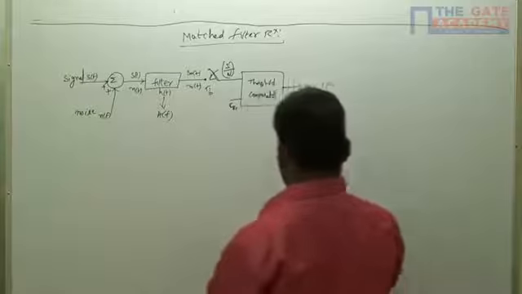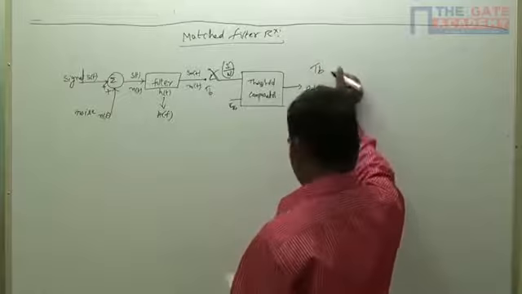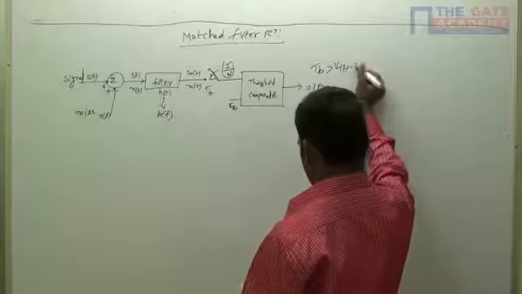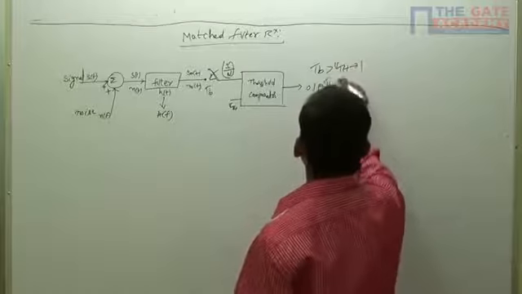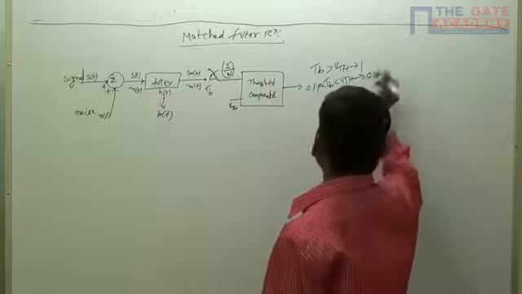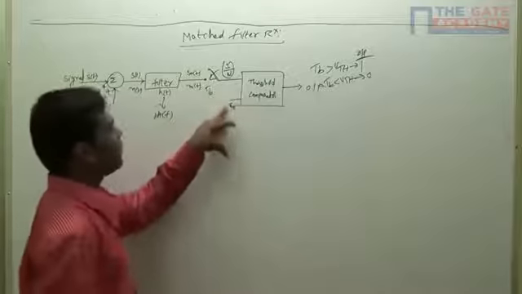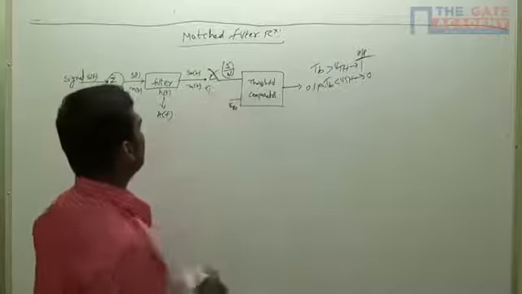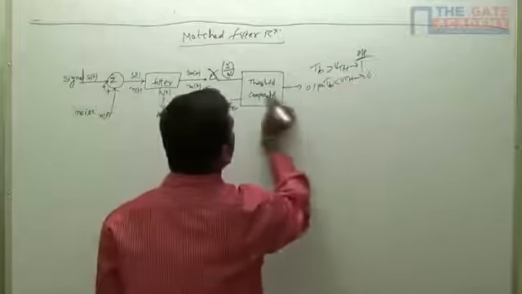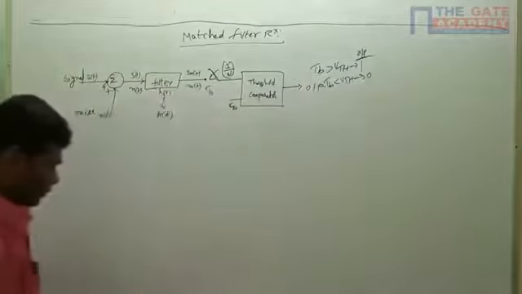If TB is greater than VTH, the output is 1. If TB is less than VTH, you will get output 0. This is just a comparator; it compares two signals.